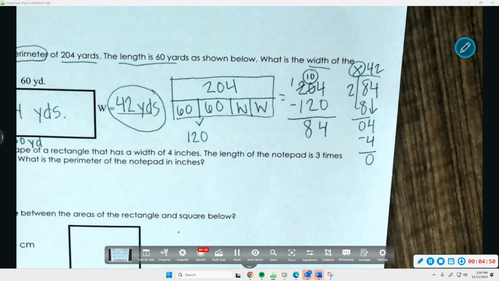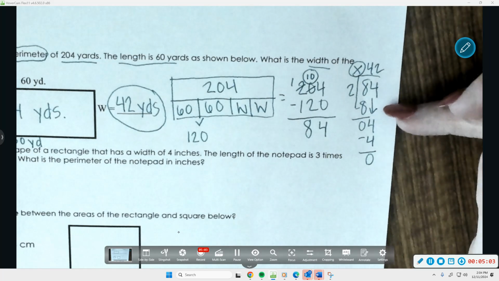Don't forget that important part of dividing it between the 2 sides. Once you've solved, you've already done all that work. Don't forget, you need to split that total between the two sides that are missing. Okay? Are we okay with this one?